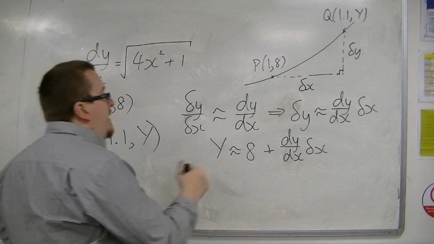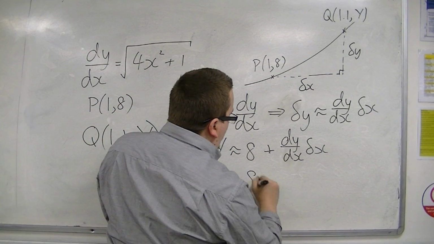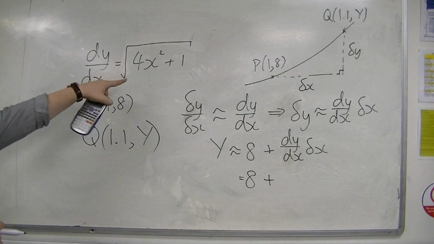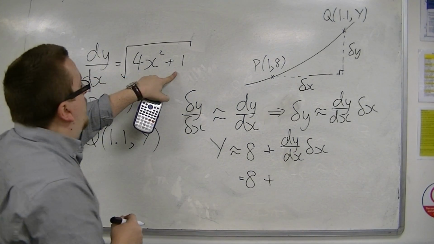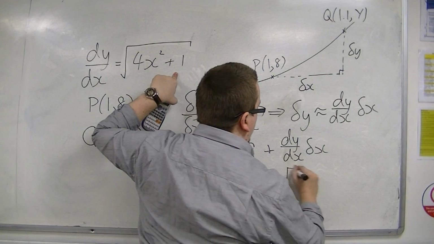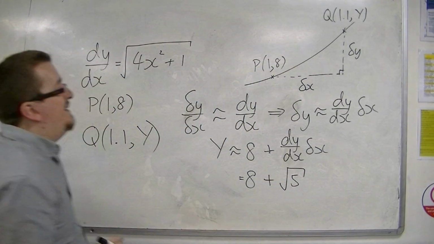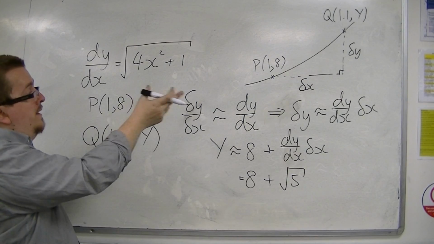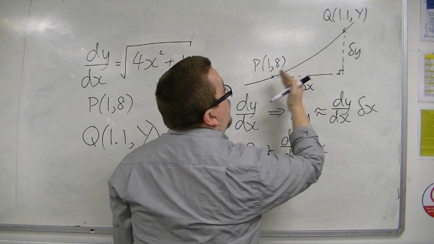So I can approximate y by saying that's 8 plus dy by dx when x is 1, so I get root of 4 plus 1, so root 5, times delta x. Now delta x in this case is just 0.1, the x coordinate distance between 1 and 1.1.